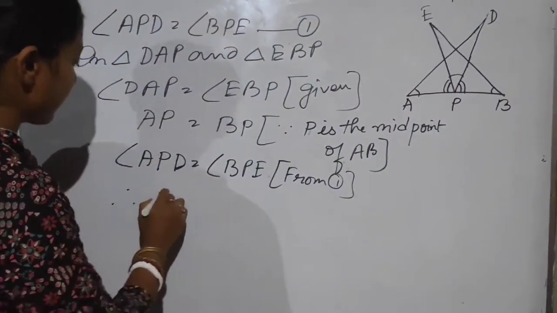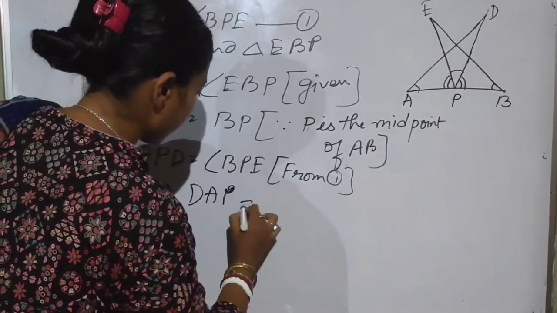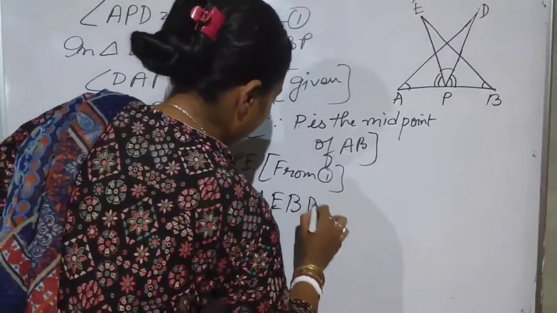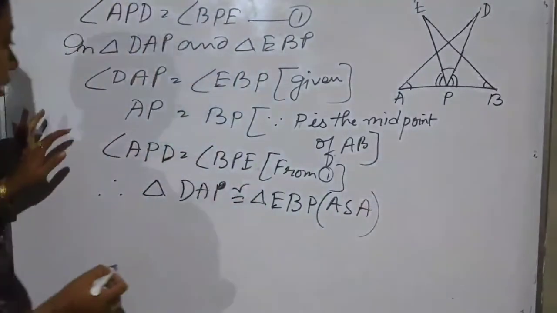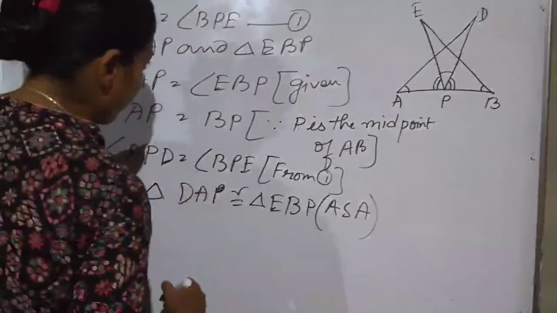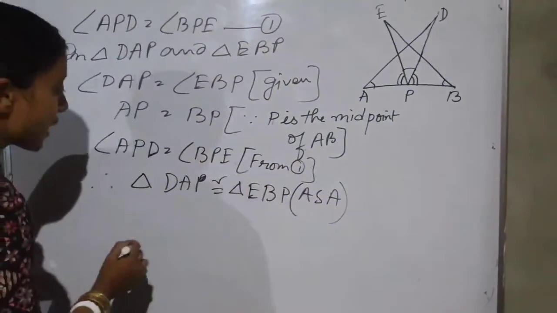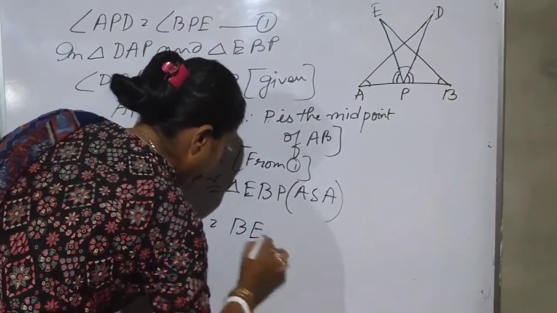Therefore we can write triangle DAP congruent triangle EBP by ASA, angle side angle. So from here, after proving that these two triangles are congruent, we can say that AD equal to BE.